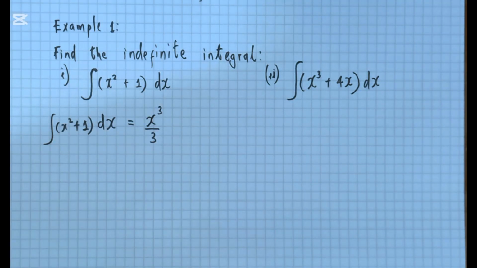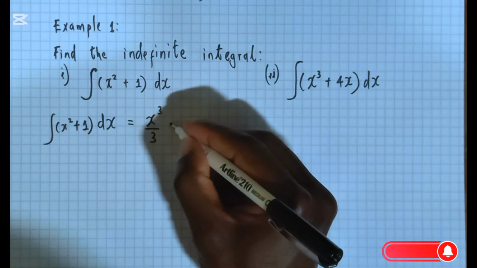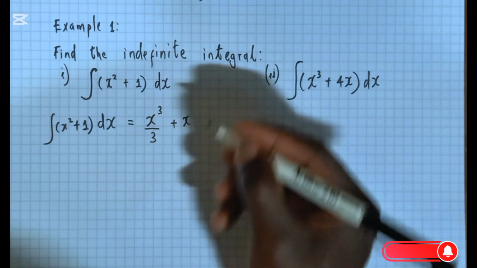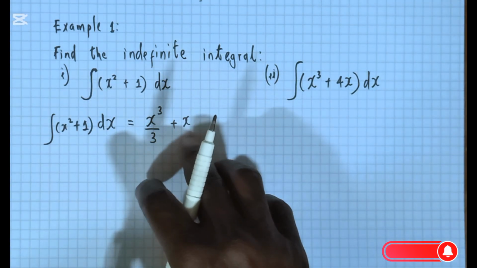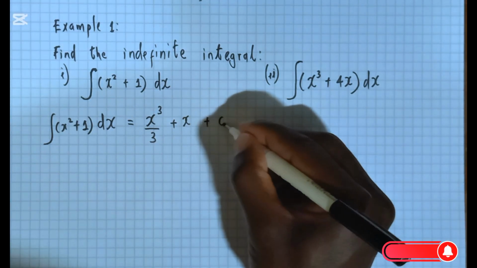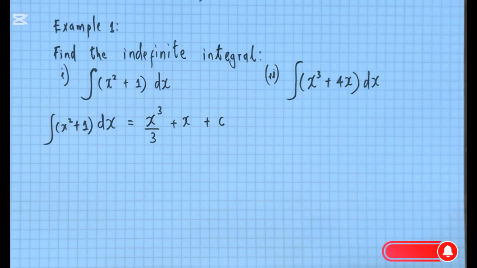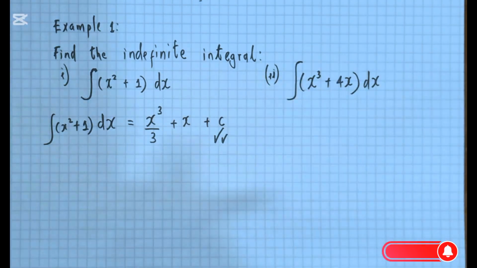Then for 1, we know that x is raised to 0 there, and so when we add 1, it's going to be x. The coefficient is 1, so we can assume it, and we are going to add our constant, which is the y-intercept. That is the point where the curve, assuming this is a curve, intersects the y-axis in the Cartesian plane. And so that is going to be the solution to the first problem of this example.